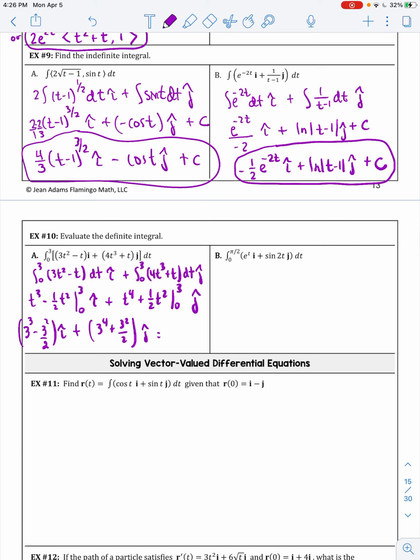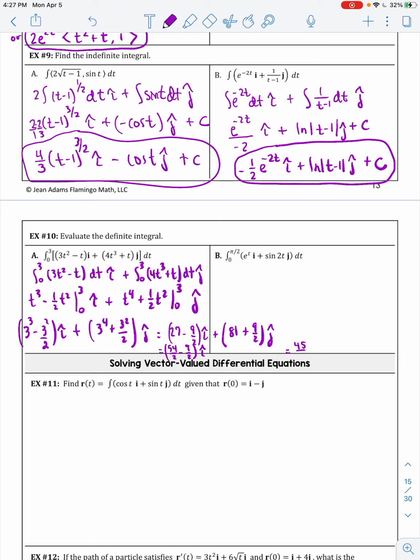So this is 27 minus 9/2 i plus 81 plus 9/2 j. And if I change these all to halves, this would be 54 halves minus 9/2, which would be 45 halves i.